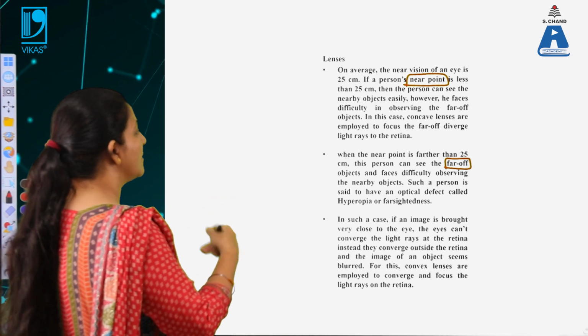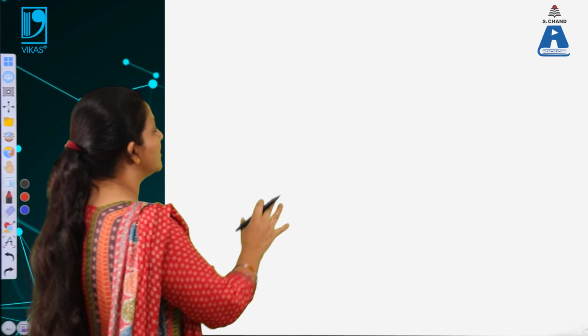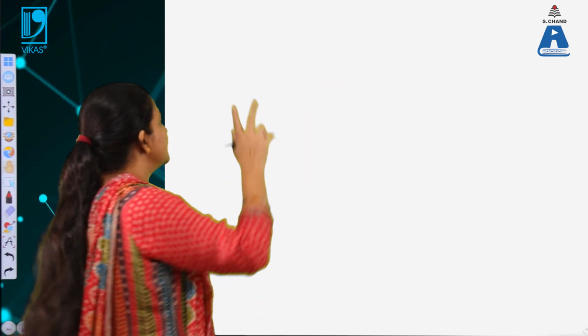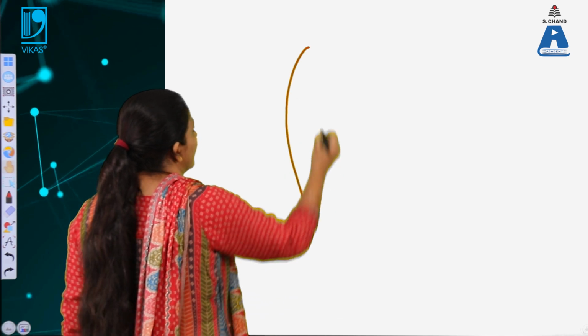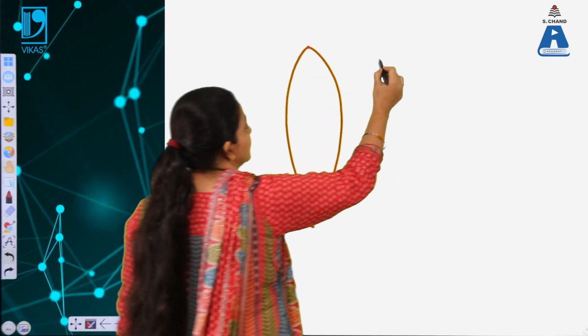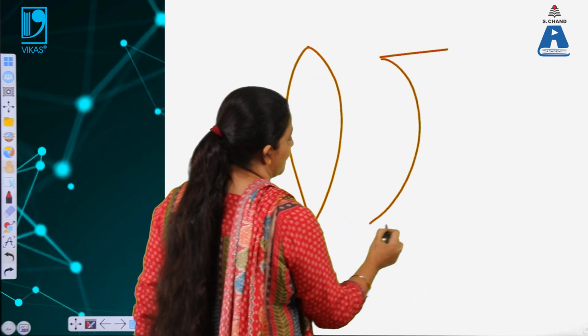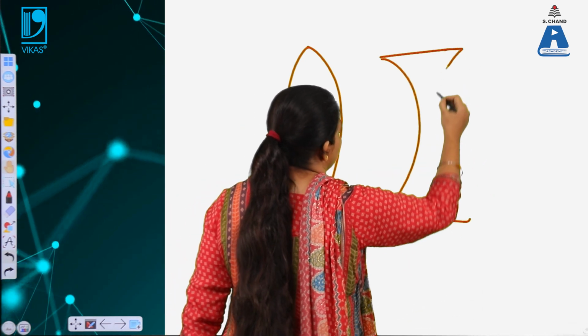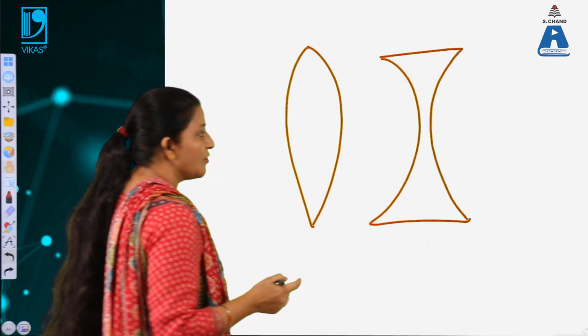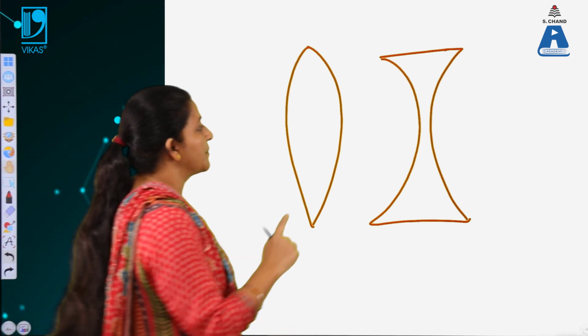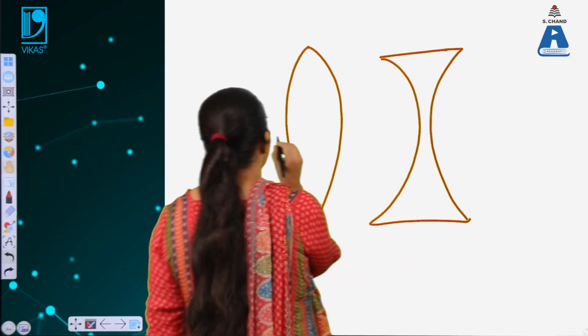What is the basic principle behind this? There are two kinds of lenses present over here. One is a concave and the second one is a convex lens. We want to see the objects which are present far away from us and near to us.